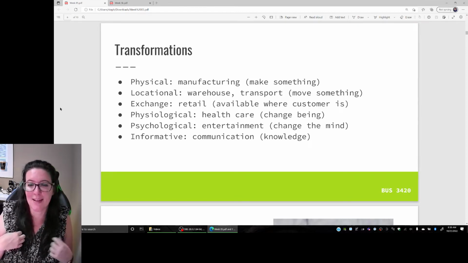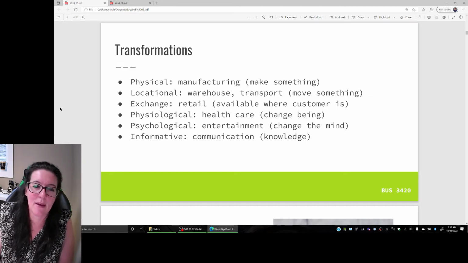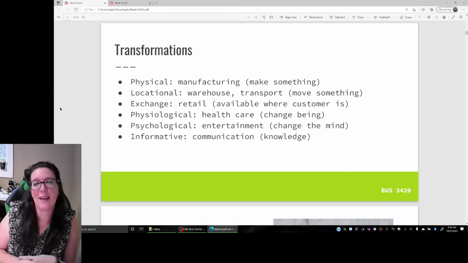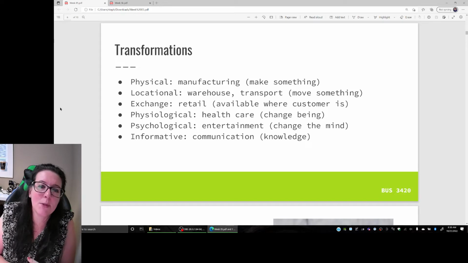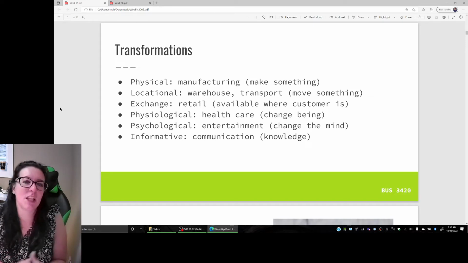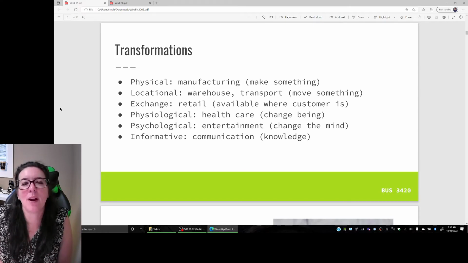They probably paid a different company to transport it to where they're located, but the value they're adding is that they are making it available where the customers are. The next type of transformation is physiological. We're changing the state of being. If we're a healthcare company, we're going to fix a broken leg. If we're changing the body, then we are adding value there.